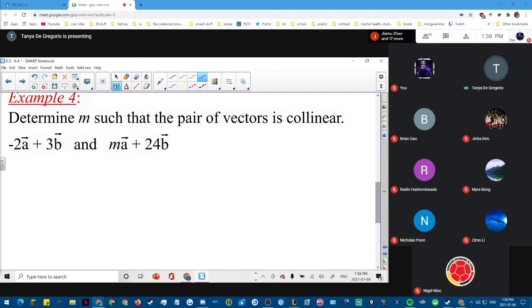But the whole point of doing this is to learn how to express things mathematically. So even though, yes, this is very simple, we can look at this and see that m is equal to negative 16 because it has to be a scalar multiple, we want to be able to show this mathematically. So I'm going to show you the proper format. We have some scalar multiple k.